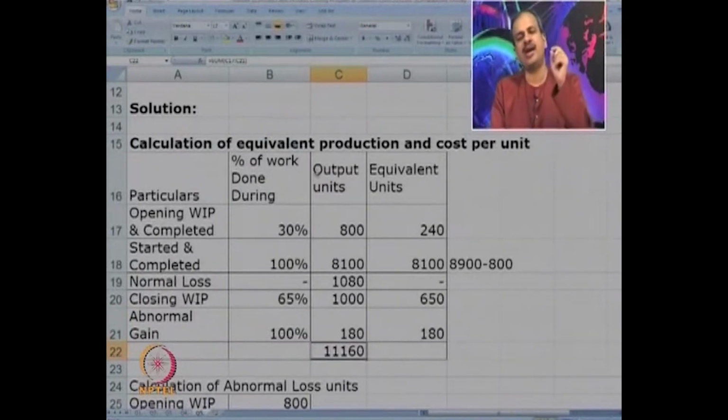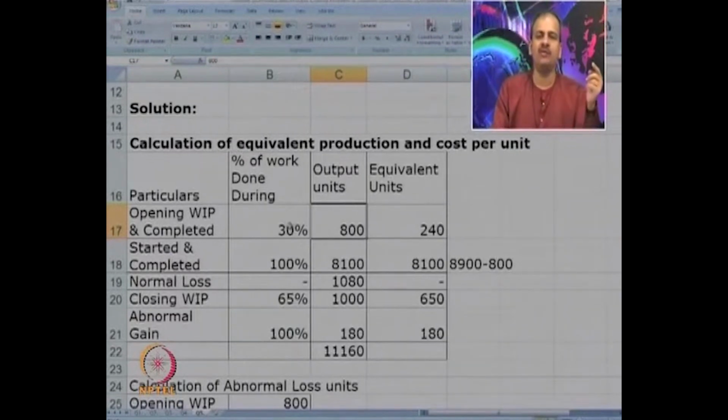Now let us look at the output and the percentages. So of the total production, 800 was the opening WIP. We have worked only 30% on it. So equivalent units are 240. Started and completed, there are 8100 units which are all fresh raw material introduced, fully complete.